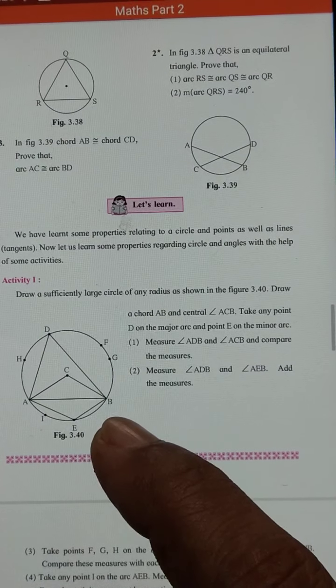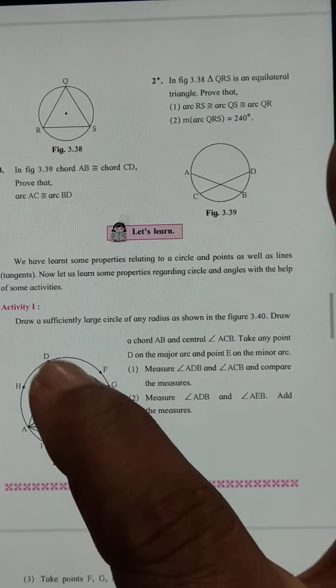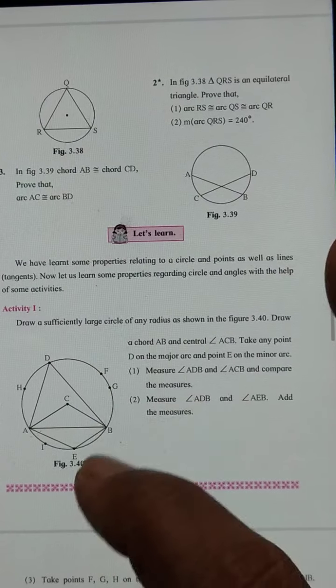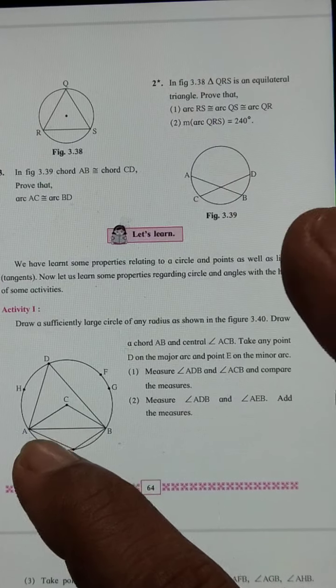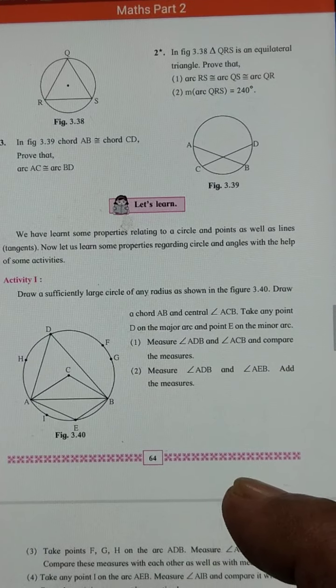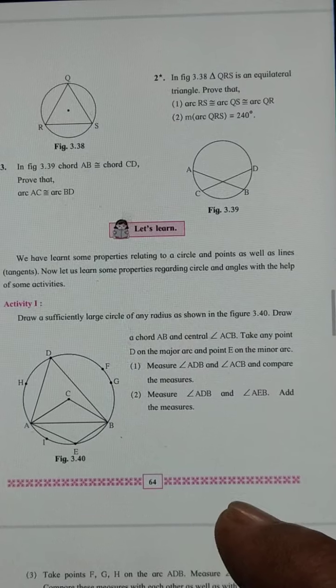Means here you can definitely find the sum of these opposite angles, angle AEB and angle ADB, is equal to 180 degrees. Okay.